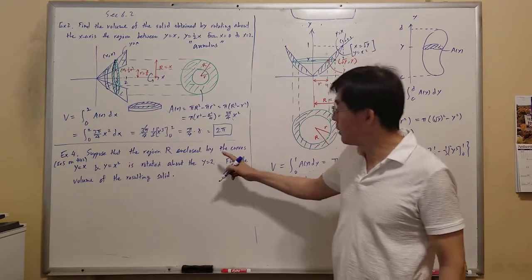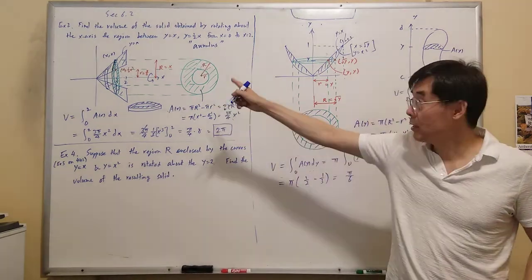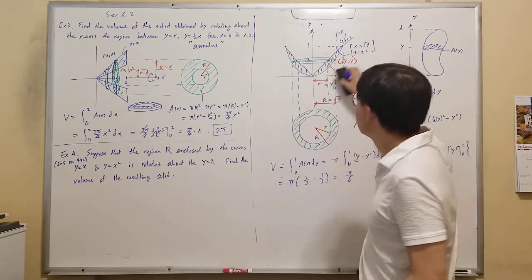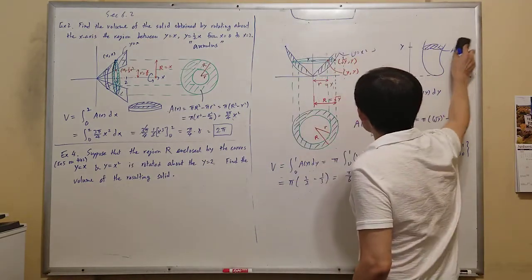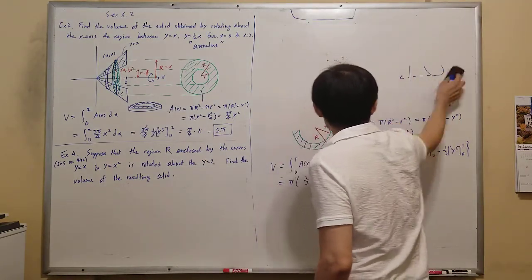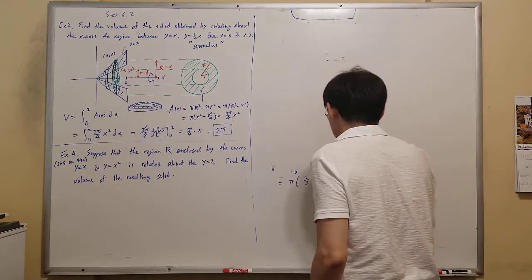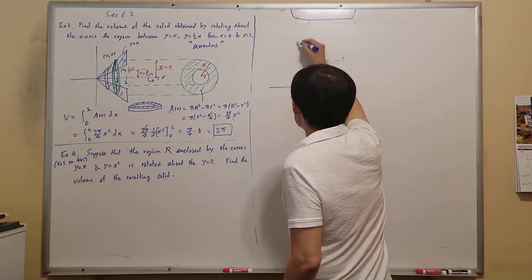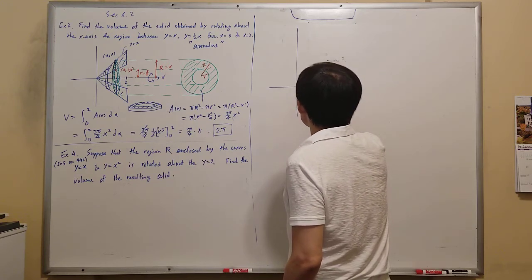So we are rotating the same region R as in example 3, but a different axis of rotation. So let me do it over here. I'm going to draw this one a bit small.